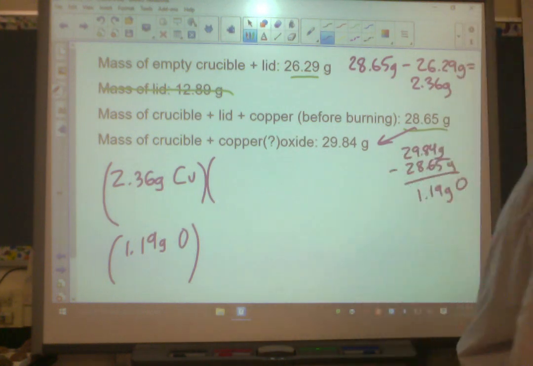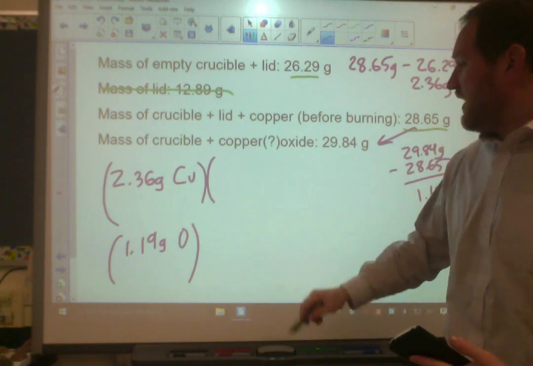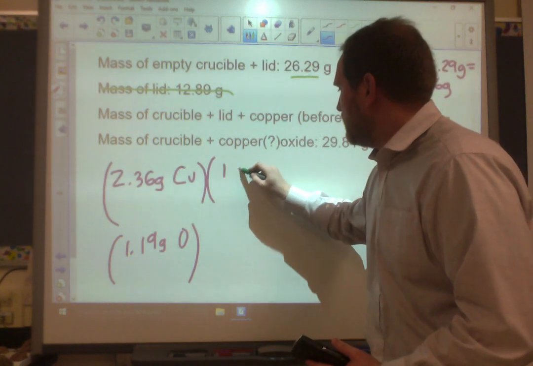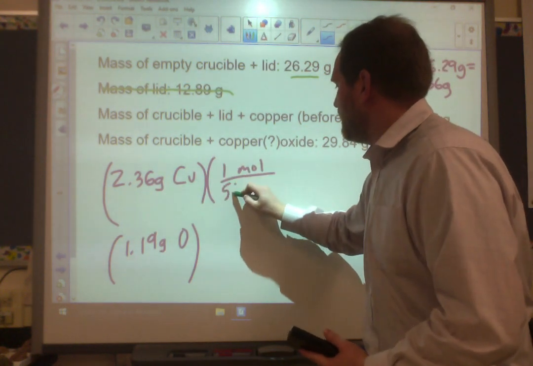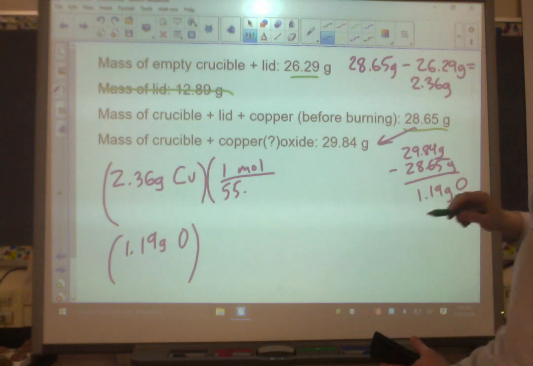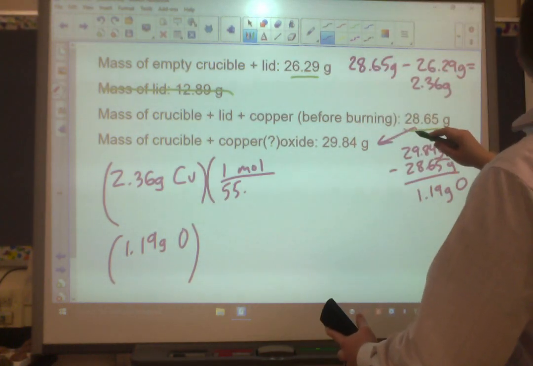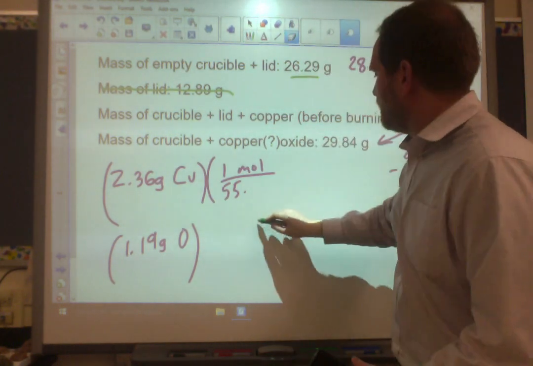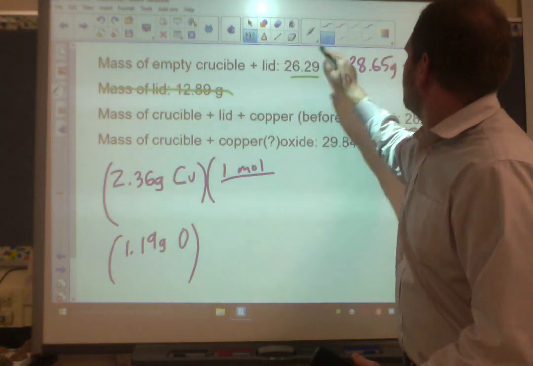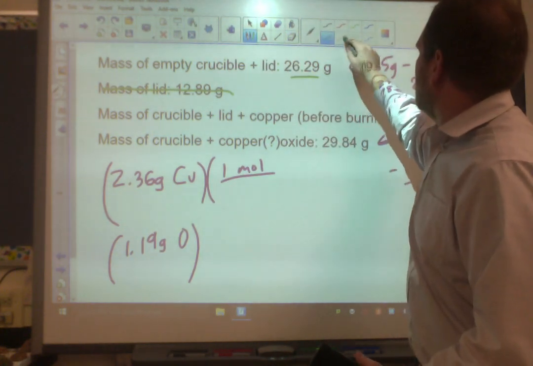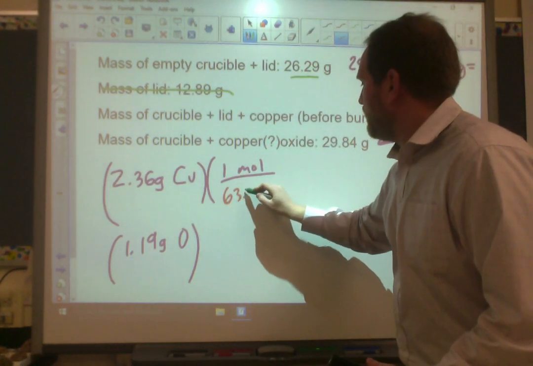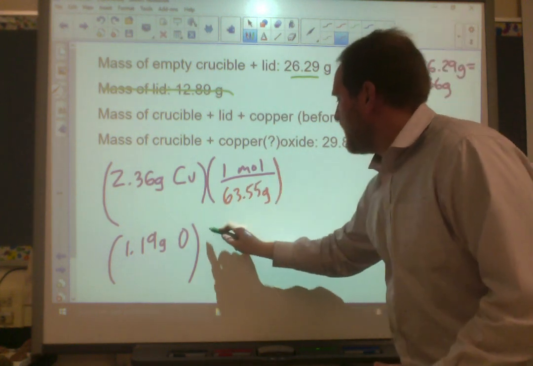So copper is 63.55 grams per mole, so 1 mole over 63.55 grams.